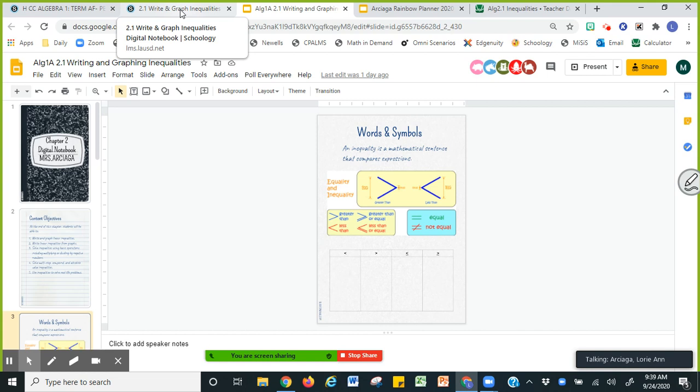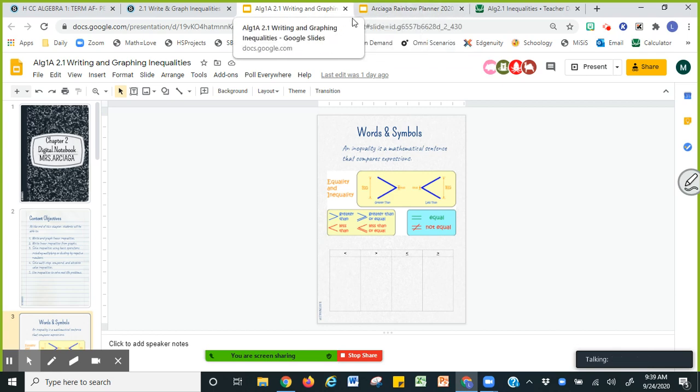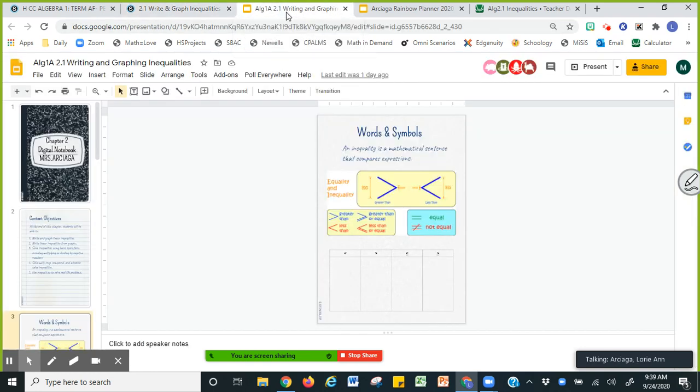Otherwise, I have to change the sharing options. So please go ahead and do that. So when you work on this, you can either use the Google Slide version or the.